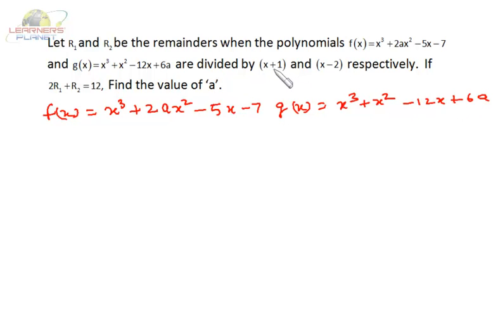Now let's suppose this is h of x, so h of x is x plus 1 and this is maybe p of x, x minus 2.